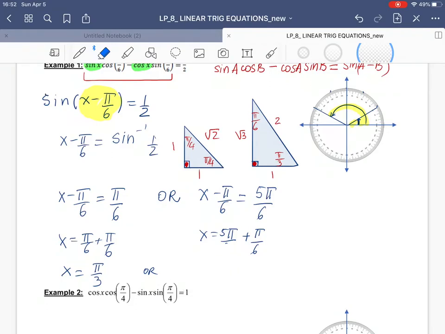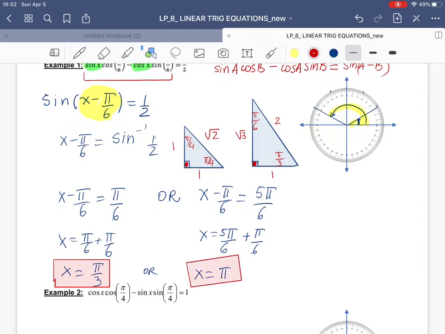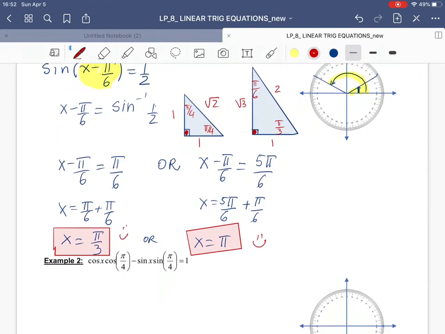Okay, so cheating here a little bit. All right, so very excited that I found my answers. This is actually the end of the solution here. And I got two angles in exact form. Two solutions. Okay, so moving on to the next example.